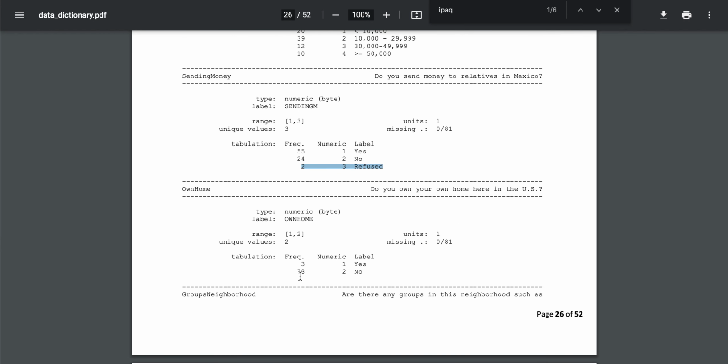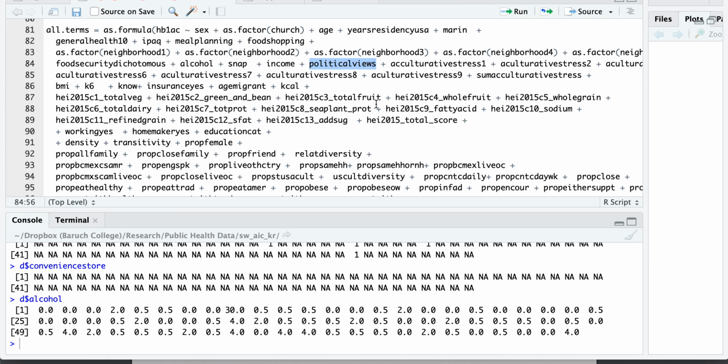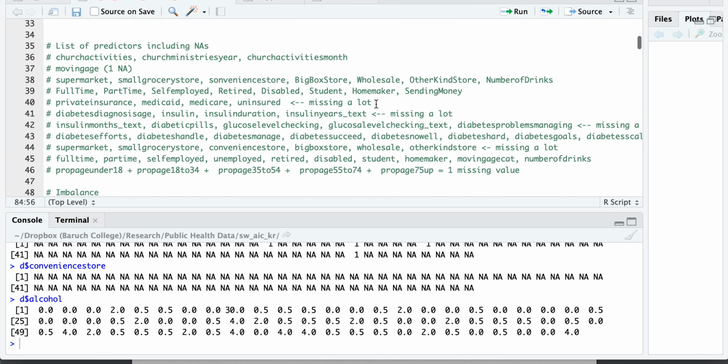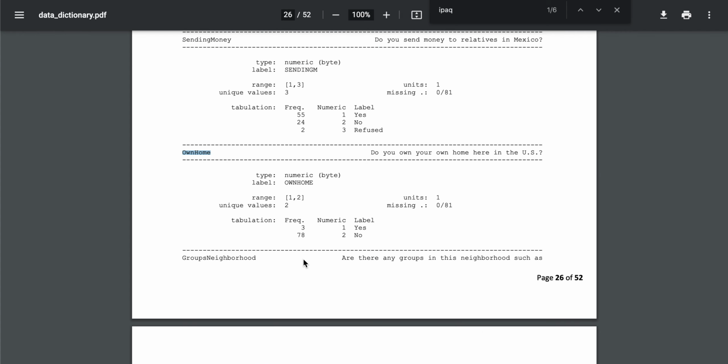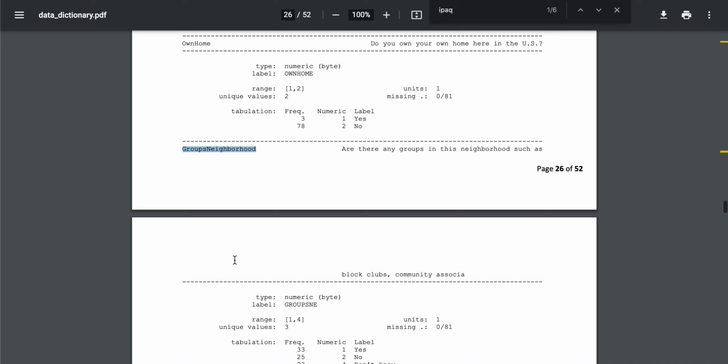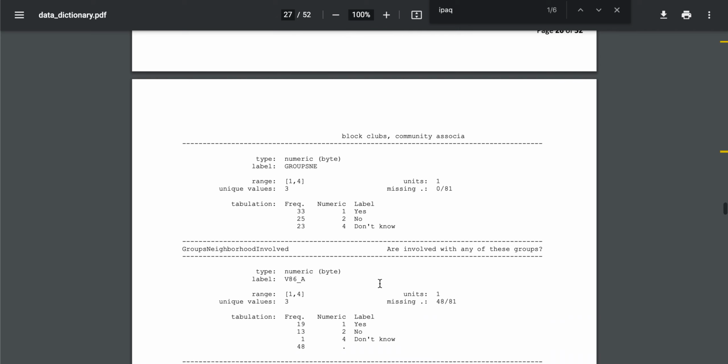We have own home, 78 say, so imbalance. Group neighborhood. Are there any groups in this neighborhood, such as block clubs or community? And yes, no, don't know.